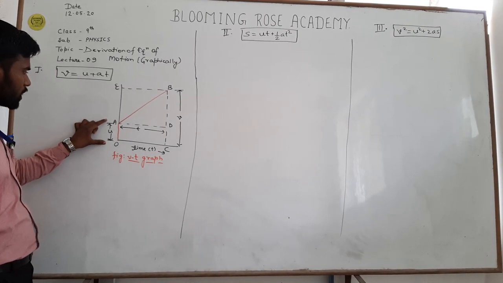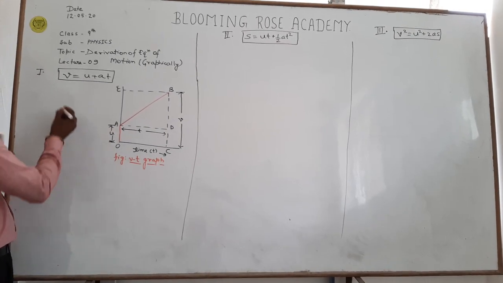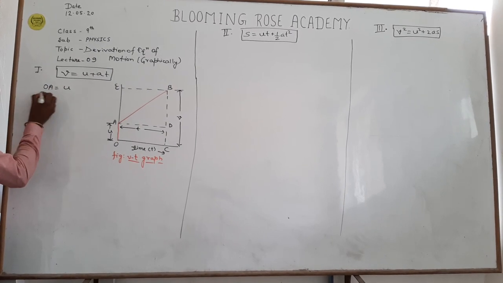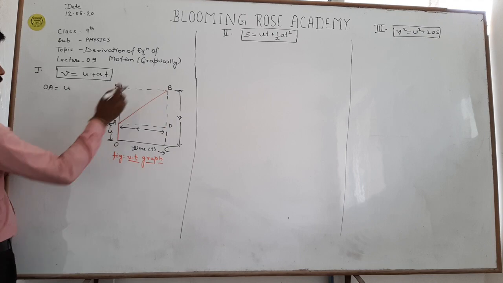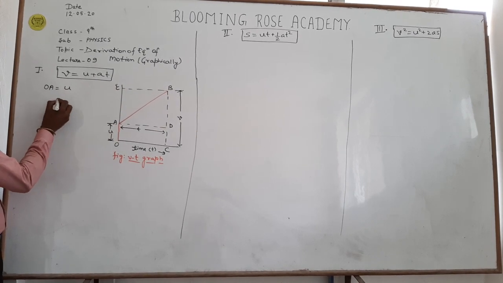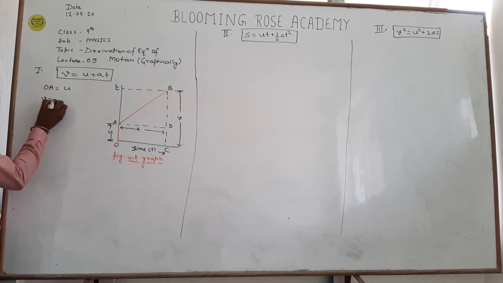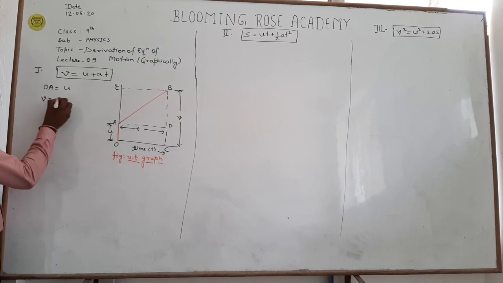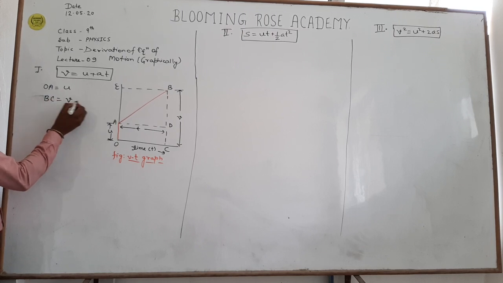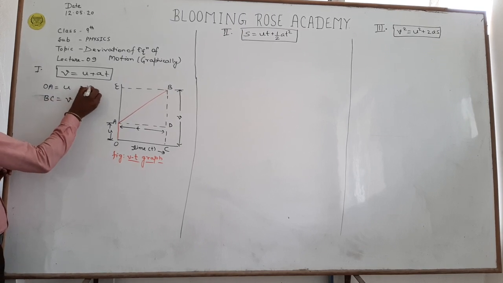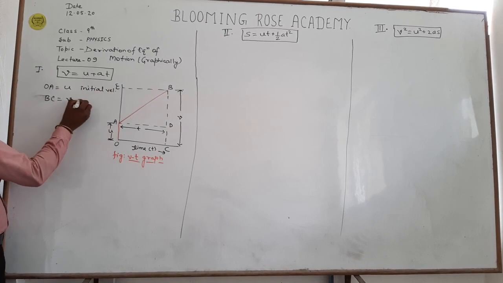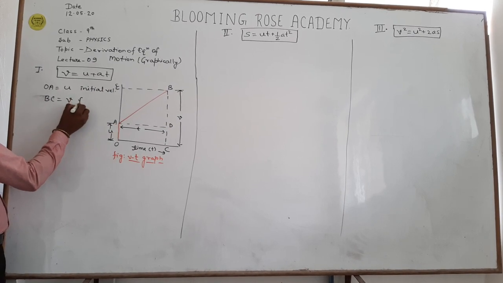So here you can see that OA is equal to the initial velocity u, and BC is equal to the final velocity v. Here it is the initial velocity, and it is the final velocity v.